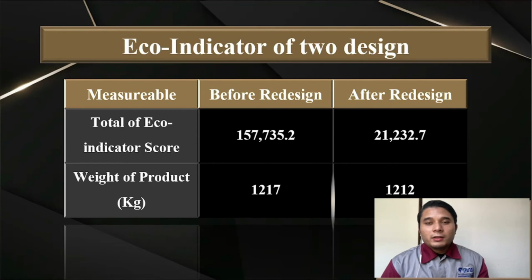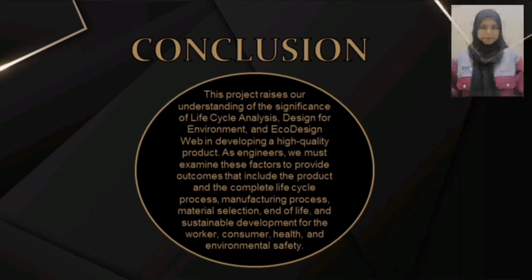This means that the redesigned car achieved a better result, as a higher indicator value represents higher environmental effect severity. Besides, the weight of the car also has been slightly reduced after being redesigned, which helped to improve the performance of the car. Better performance brings better life.